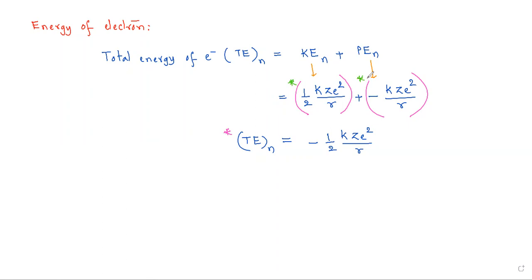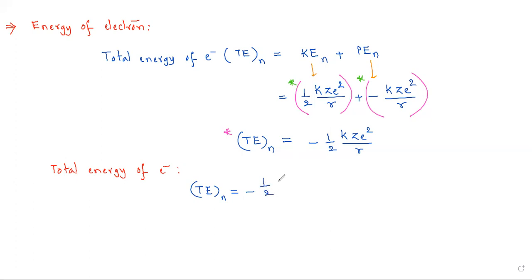Now let us substitute r in this expression. Let us write the expression for total energy of electron in nth orbit.